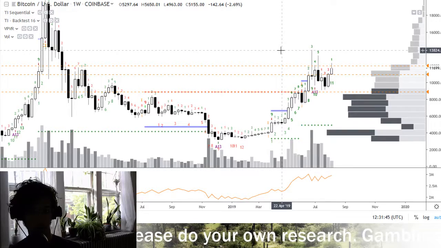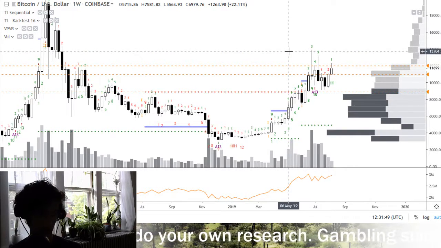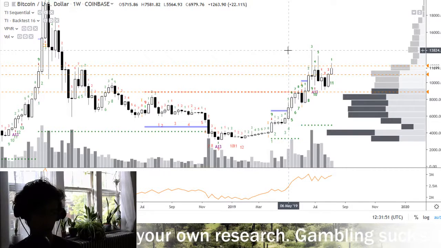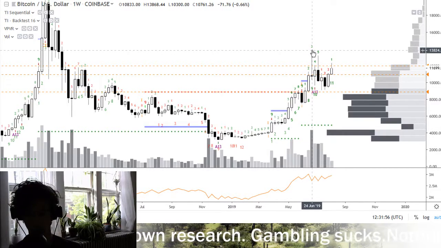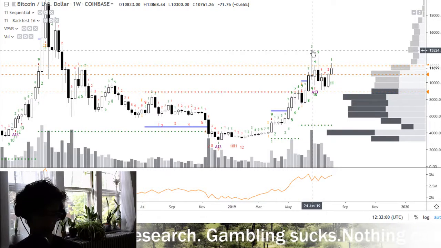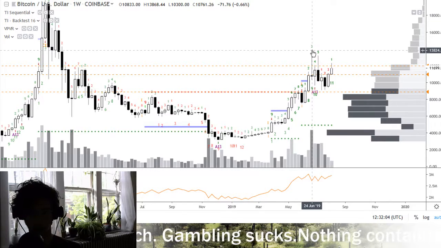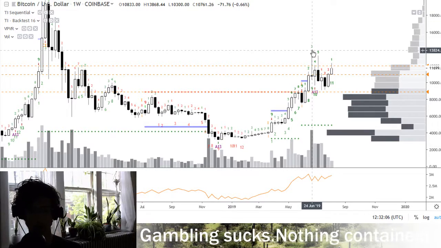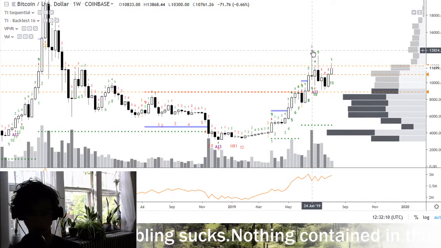finding a place to short above 12,000 or above 13,000 for that matter, that's the most current high, it's hard to get on the same page with a bunch of other parties that you don't know.